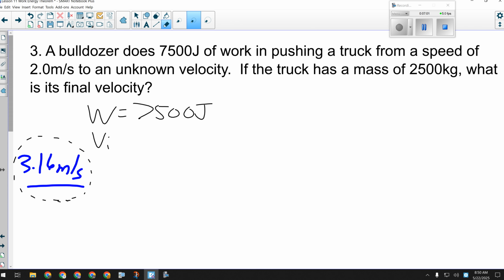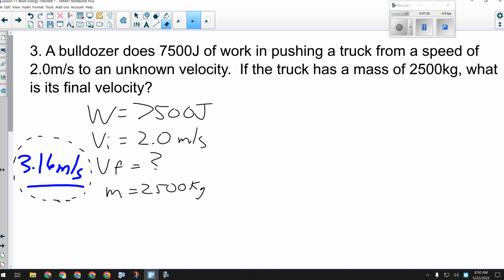So if it's from 2, that would be the initial, to an unknown velocity. So VF is unknown here. The truck has a mass of 2,500 kilograms. What is its final velocity?